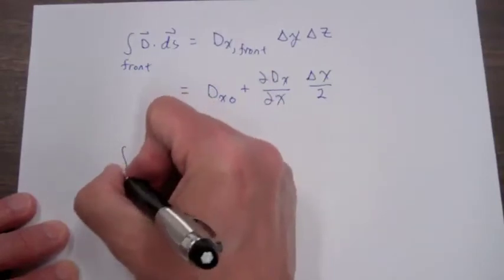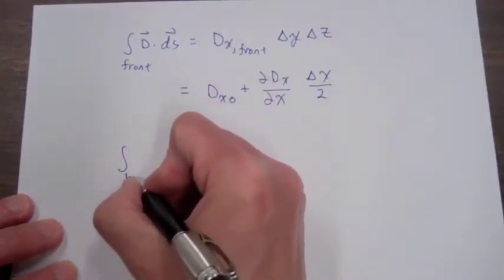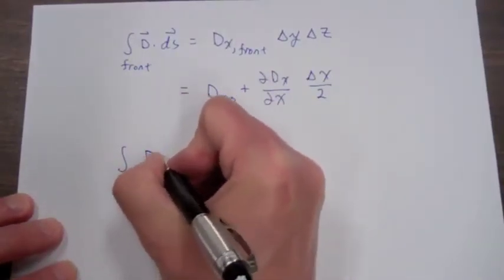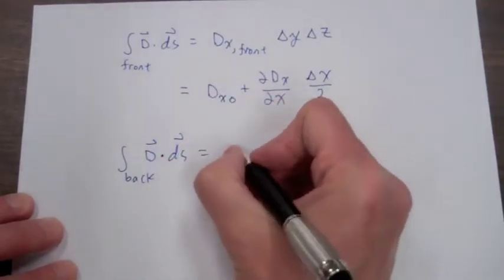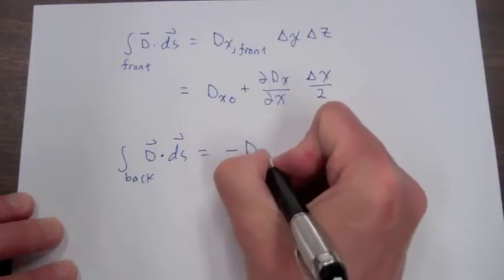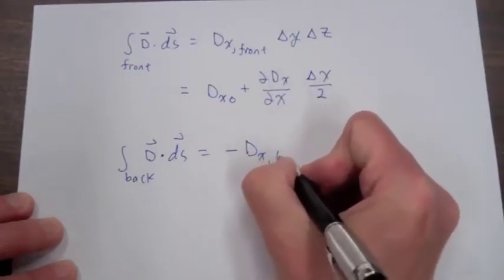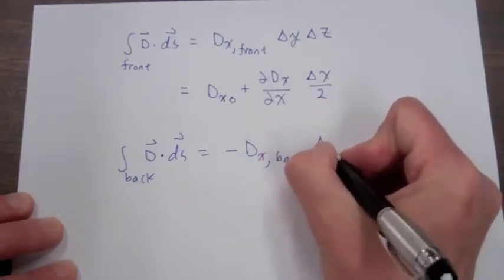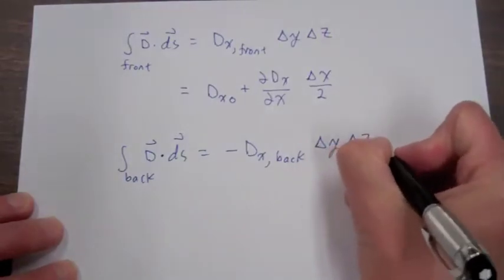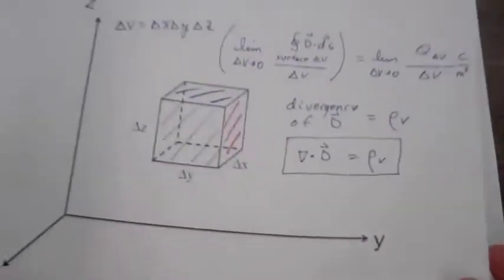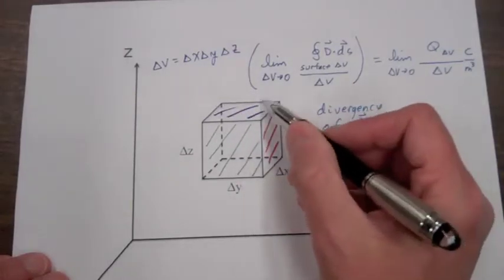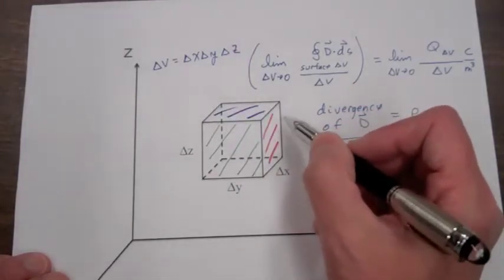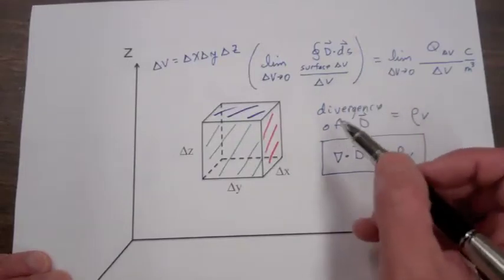Okay, so now our estimate of d dot ds on the back face is going to equal minus d sub x on the back face times delta y delta z. The reason we get the minus sign is that the surface element on the back face is pointing in the minus a sub x direction.